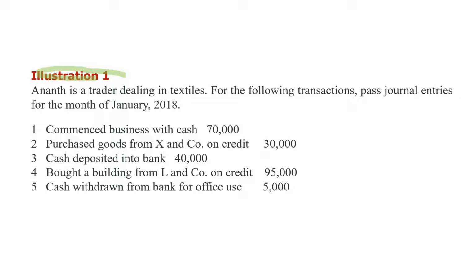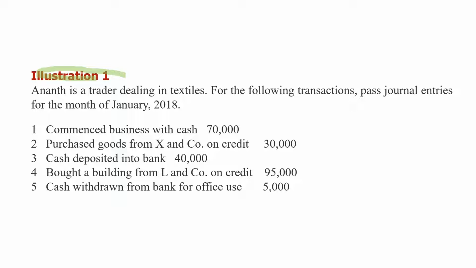This says Anand is a trader dealing in textiles. For the following transactions, pass journal entries for the month of January 2018. As Anand is a trader in the textile industry, she has some transactions for the month of January. We have to journalize that.